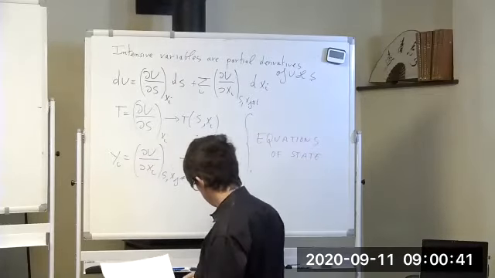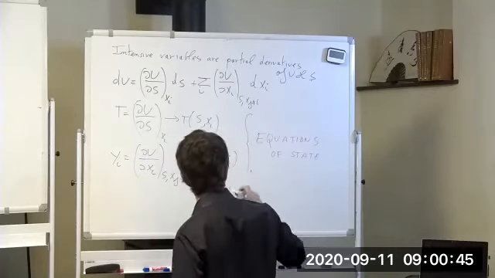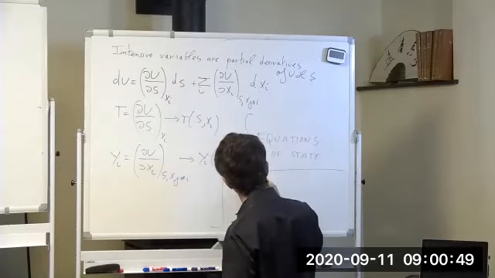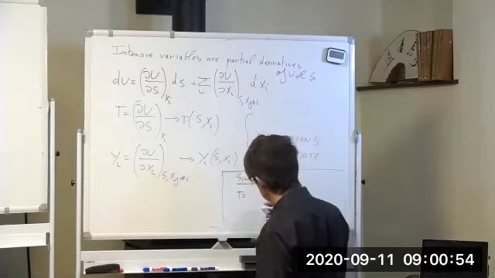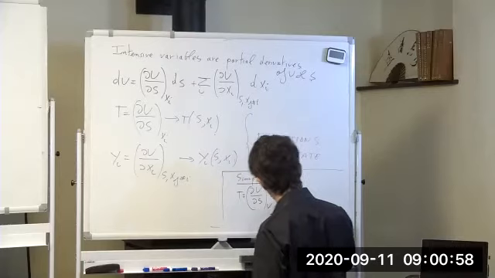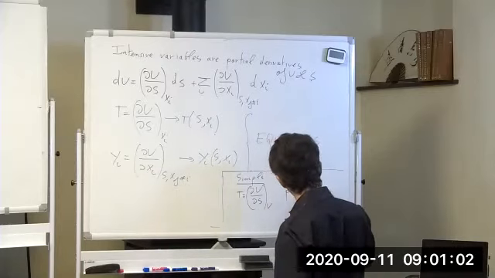And for a simple system, we would have the statement that T is dU/dS at constant V, and P is minus dU/dV at constant S.